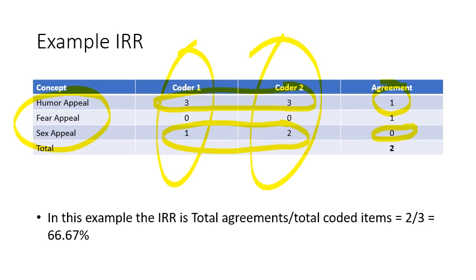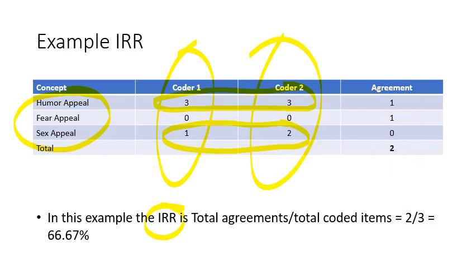And all we're going to do is add here the total number of agreements that we have. In this case, we have 2 agreements and 1 disagreement, right? So the IRR coefficient is essentially the total number of agreements, which is 2 in this case, divided over the total number of coded items, which in this case is 3 concepts for 1 advertising, right?